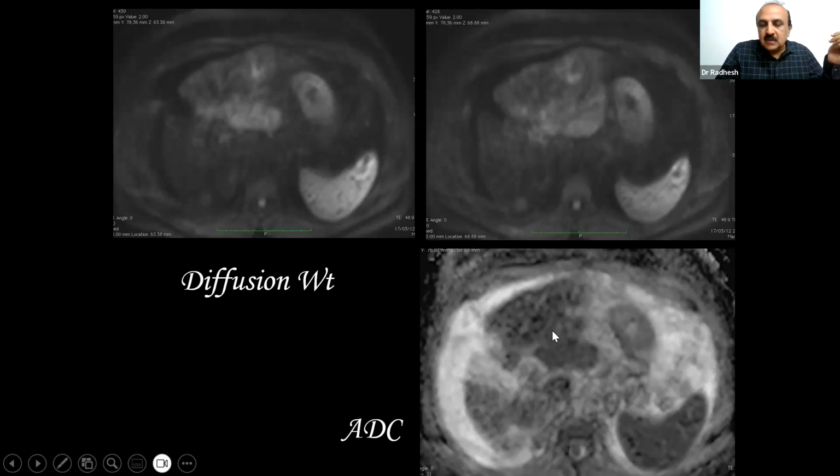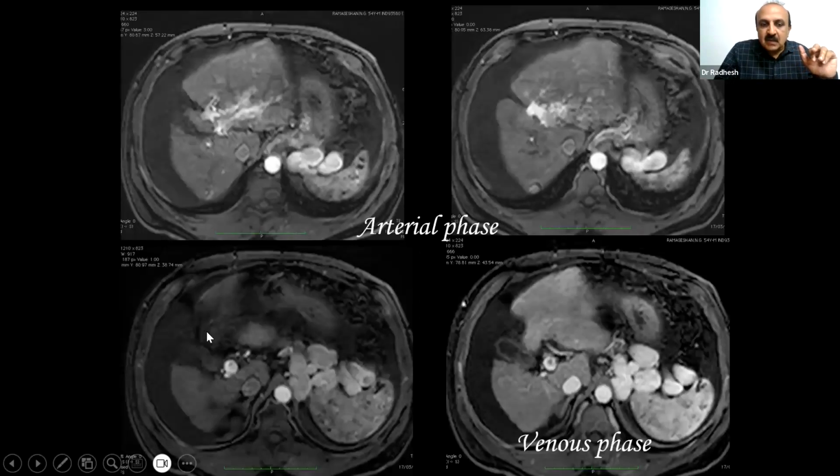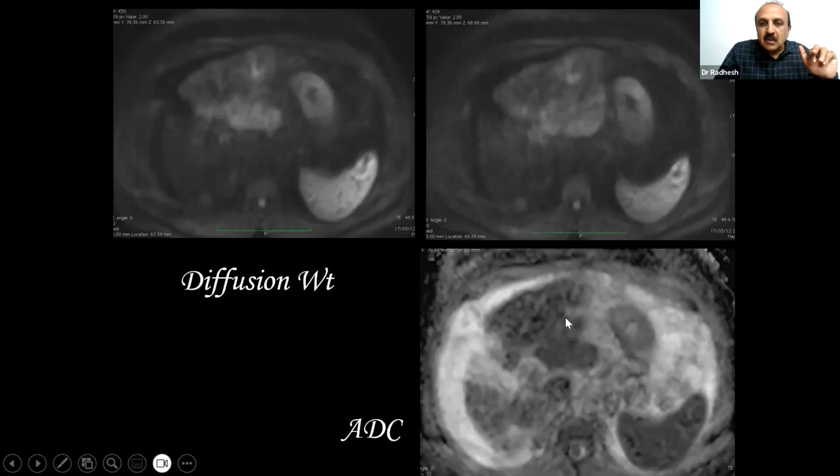Based on the value, we can say it is more cellular or less cellular. But remember, only diffusion: T1, T2, inversion recovery, gradient sequence, and diffusion weighted sequence. If you don't see a lesion on T1 or T2, always do diffusion. In fact, you have to do diffusion.